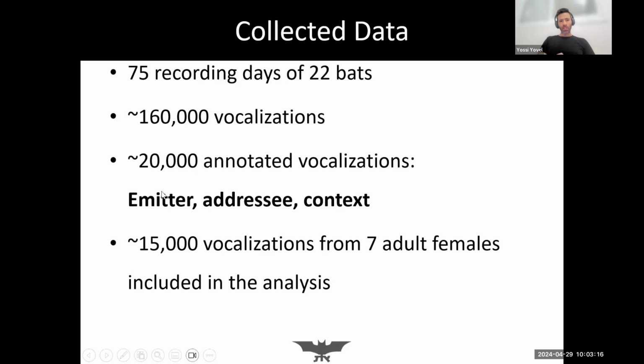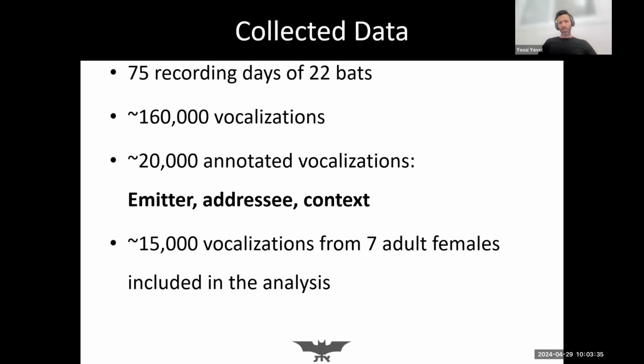When I say annotated, we identified an emitter, addressee, and context. And if you're asking yourself how did we go down from nearly 200,000 to 20,000? The answer is just we cleaned it, very, very thoroughly. So anything that was slightly debatable, we just threw out.